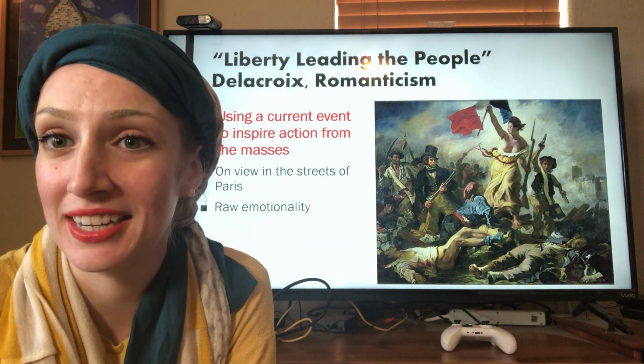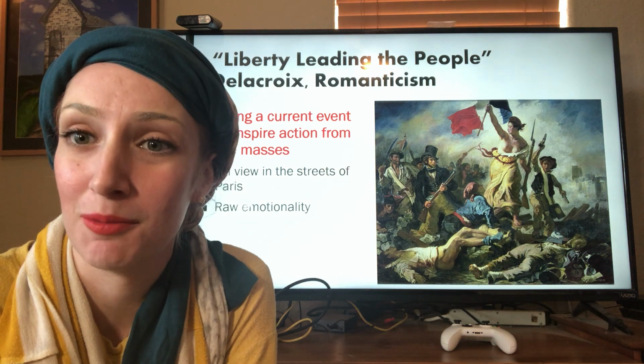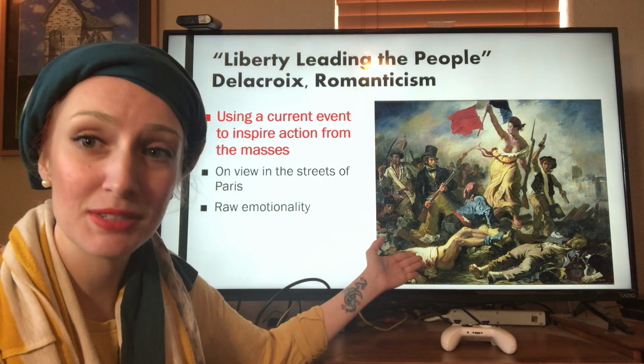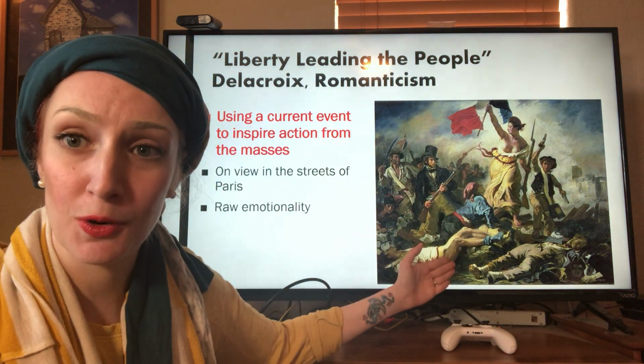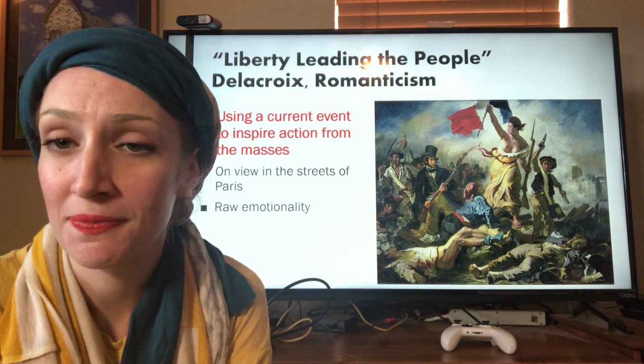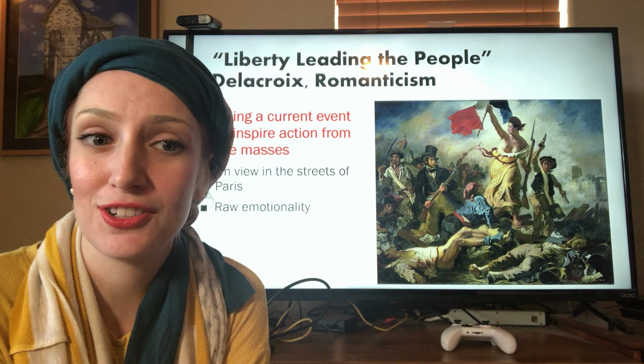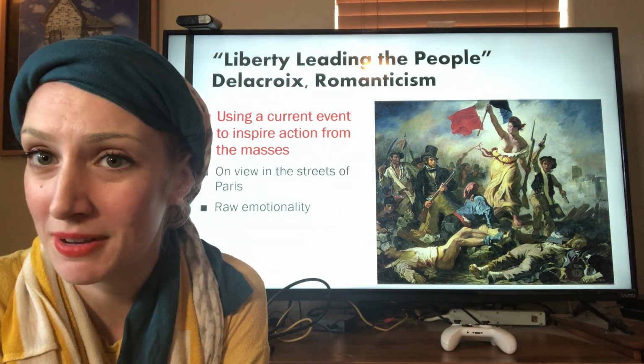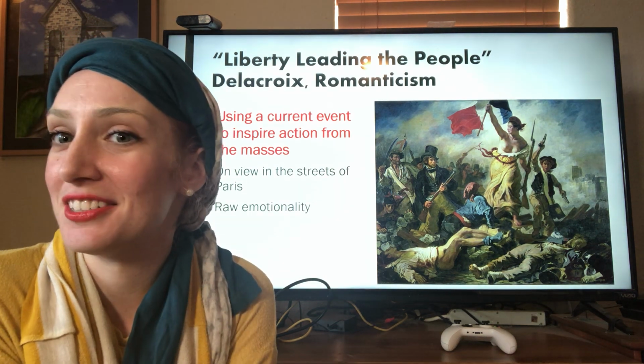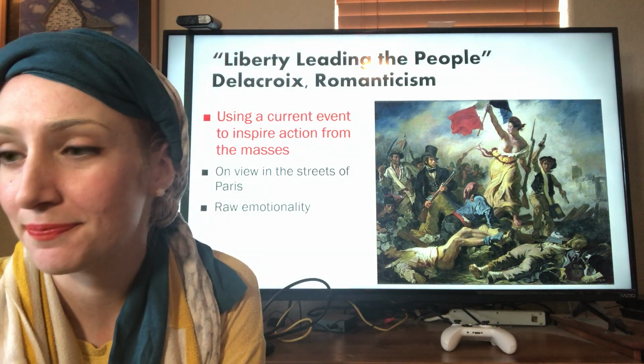We needed them to join in. We needed them to relate to the topic. We needed them to see themselves here, to see this from the window, to relate it to the here and now. So Delacroix and Romantic artists would use the vernacular to comment on what's currently happening in society, as opposed to just what happened in the distant past.